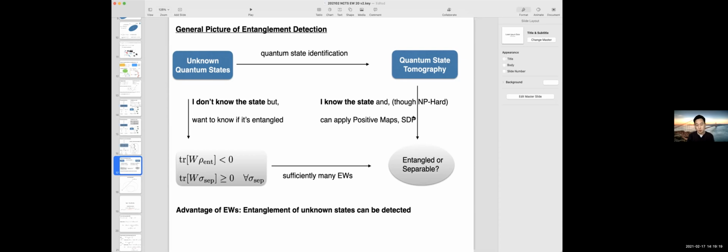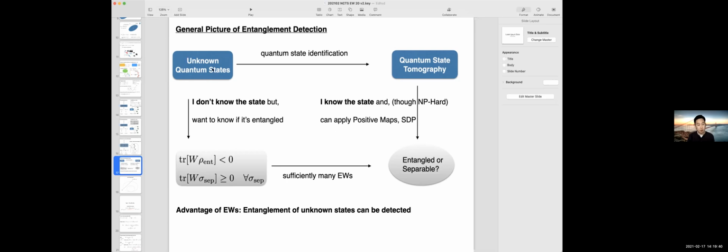And also there is a useful technique, SDP, which can also efficiently detect entangled states. So here is the quantum process, quantum state preparation and measurement, and then state tomography, and then this classical process, which is free, which is not very expensive.